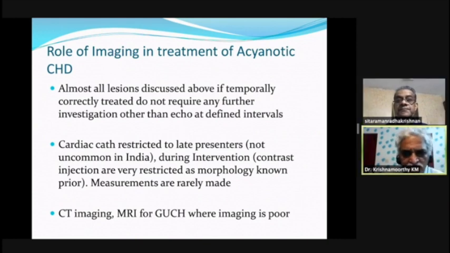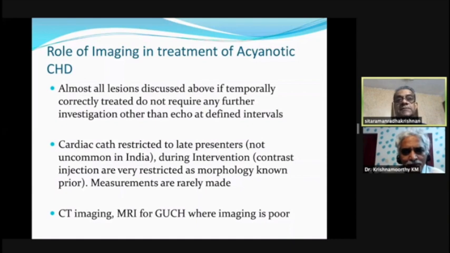Thank you. There is another question. Can echo alone be used in the presence of PAH to decide on operability? I answered that question. It's an absolute no. Cardiac catheterization is a class 1 indication for correct assessment of pulmonary hypertension. Remember that you have a lot of literature available which says that I can calculate PVR, I can calculate pulmonary artery diastolic pressure, I can calculate PA mean pressure.